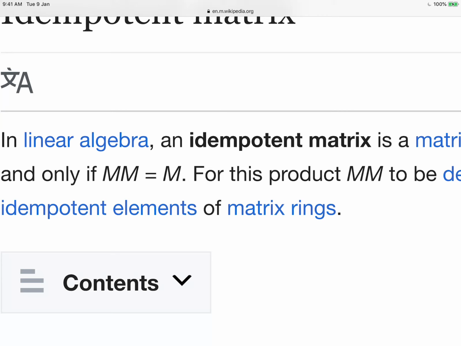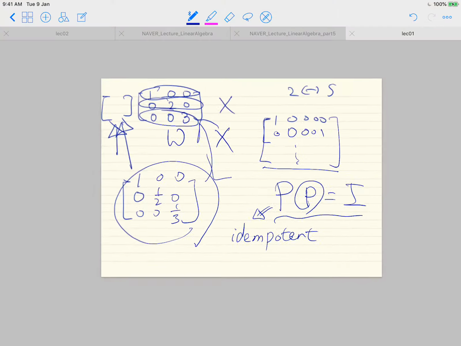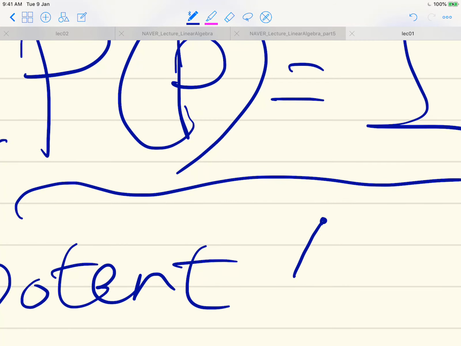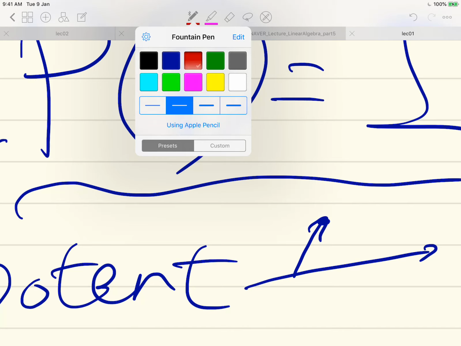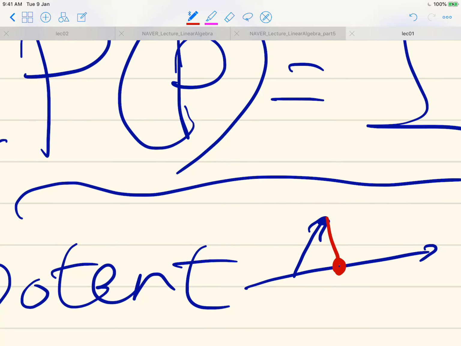So for example, let me just add one more thing. Suppose we just do the orthogonal projection of a point onto a line. So we have a point over here, and a line over here, and its orthogonal projection will be this point, right?